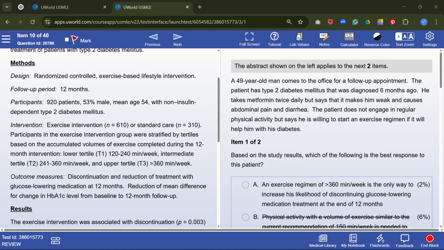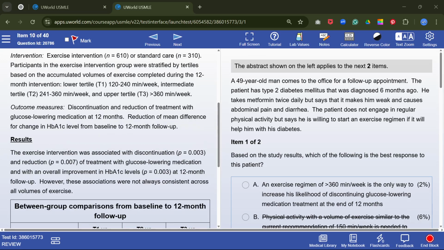Participants: 920 participants, 53% male, mean age 54, with non-insulin-dependent type 2 diabetes mellitus. Intervention: exercise intervention in 610 or standard care in 310.